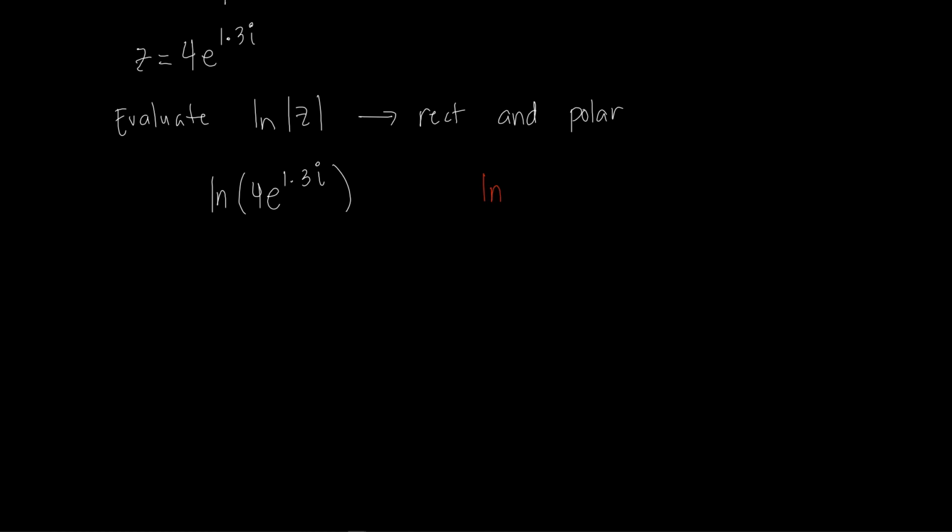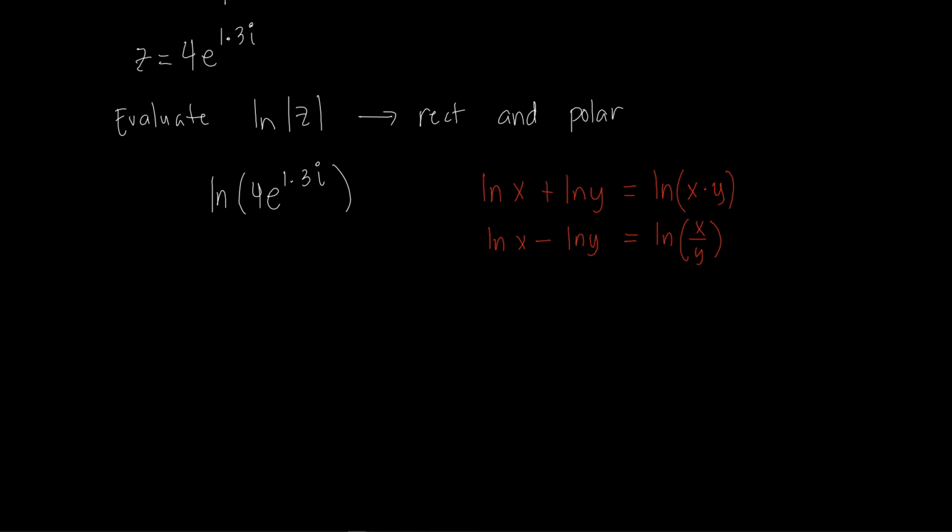Remember, we have ln of x plus ln of y is ln of xy. Kung ln of x minus ln of y, mao na siya ang ln of x over y.